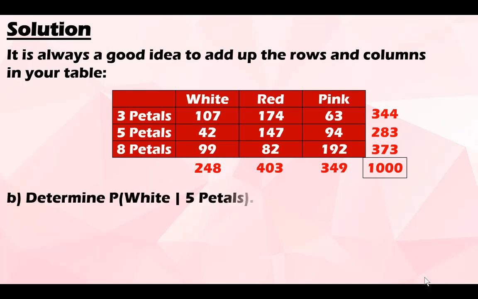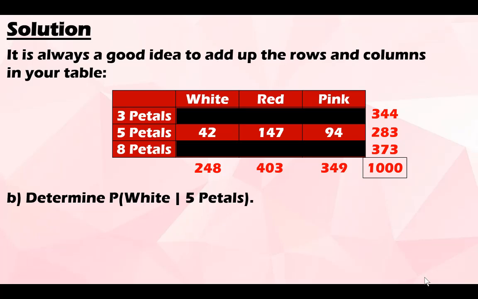For part B, we want to determine the probability of getting a white flower if we know that a 5-petal flower was chosen. Once we know that a 5-petal flower is chosen, that means that the flowers that were 3 petals weren't chosen, so we can cross that off, and the flowers that were 8 petals were not chosen, so we can cross those off.